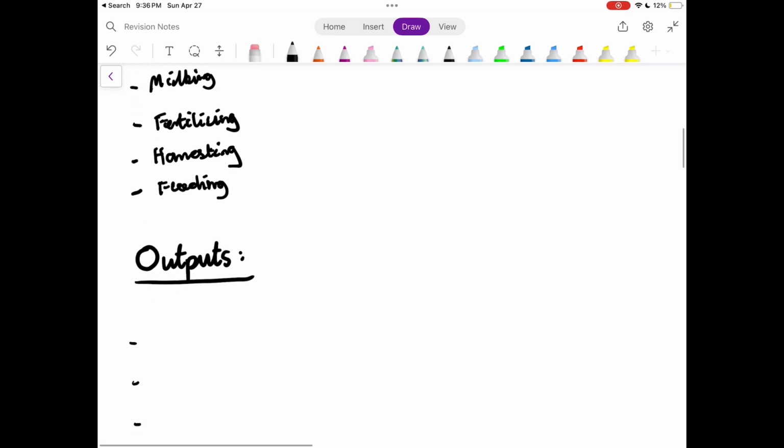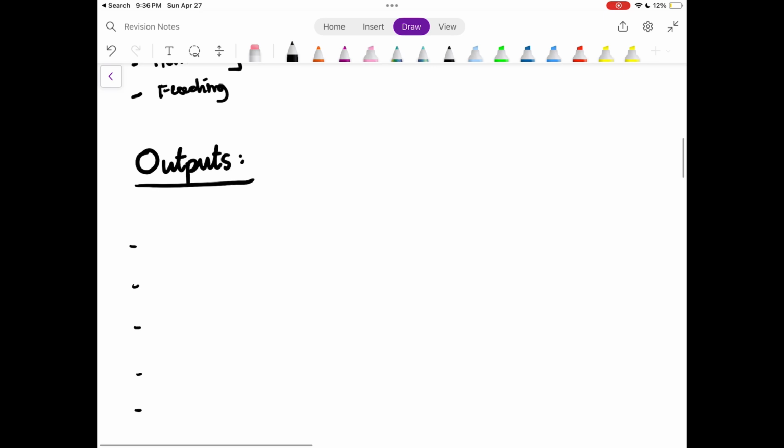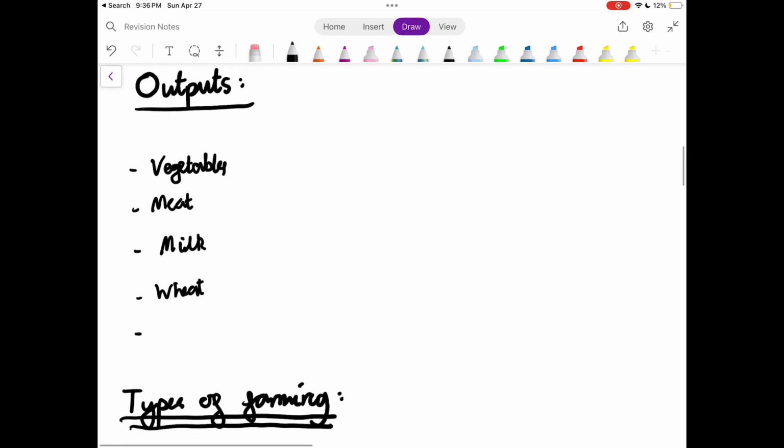Okay, and some examples of outputs include vegetables, meat, milk, wheat, crops such as cereal, etc.